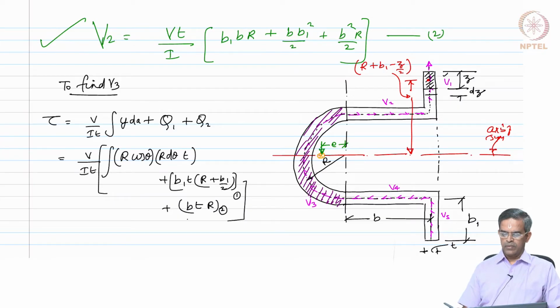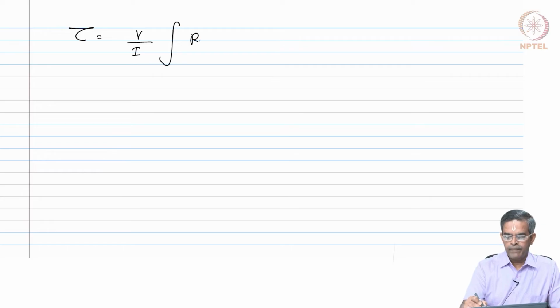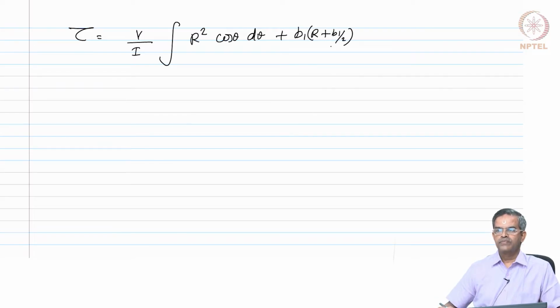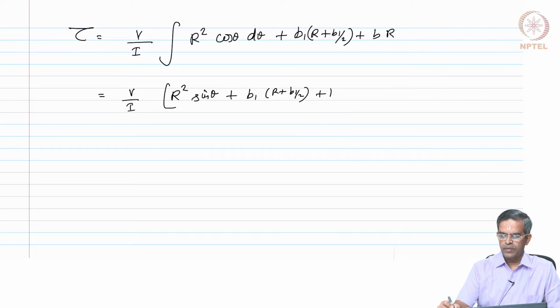So, therefore, I can now expand this, which will become tau V by I R square cos theta d theta plus B1 R plus B1 by 2 plus B into R, which will now become V by I R square sin theta plus B1 R plus B1 by 2 plus BR.